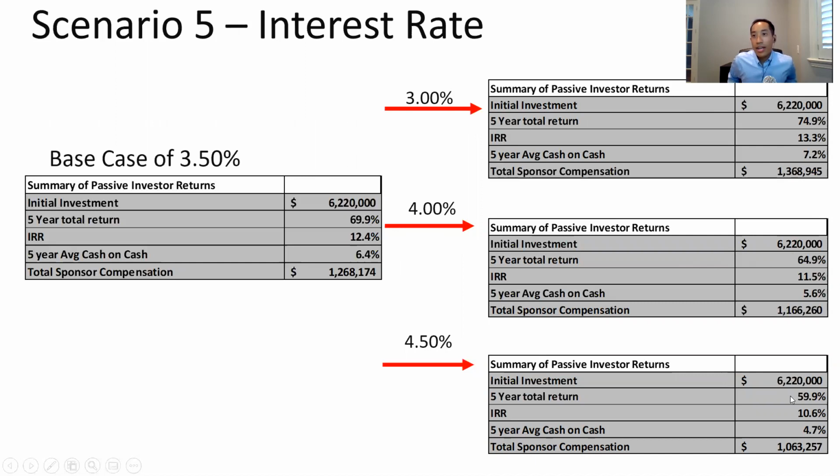And so, I get beaten up a lot on interest rates, and people always want the lowest interest rate. But as you can see in this scenario analysis, it matters. I get that, but it doesn't dramatically increase your return one way or another, right? So you can see a 50 basis point change from 3.5 to 3 only hits you by 5%. The big difference really on the interest rate side is the leverage.